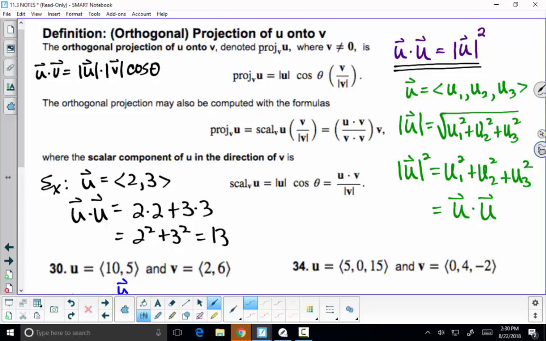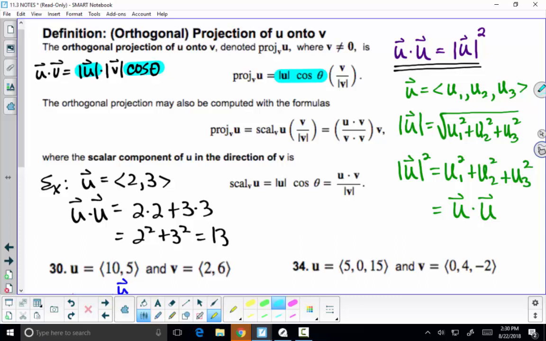Everyone see it? So if we want to replace cosine of theta times length of u, can't we divide both sides of this by the length of v? So this quantity, length u cosine theta, is u dot v divided by the length of v.